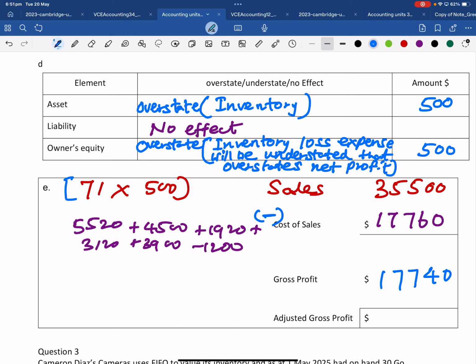Wait, how do we calculate the gross profit? Sales take away cost of sales. If you want, I'll write it here. Gross profit equals sales minus cost of sales.